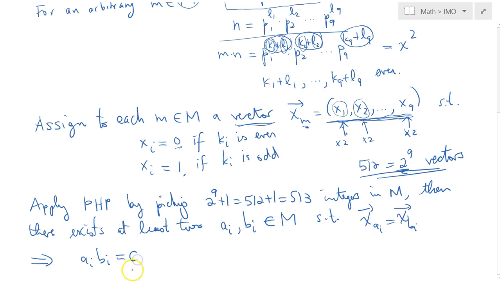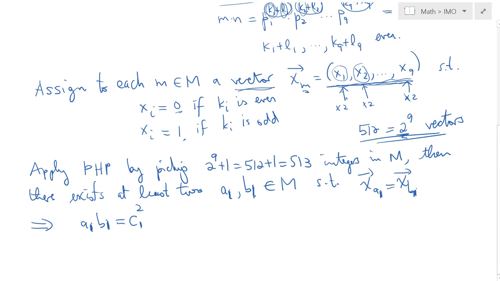Let's call them A sub 1 and B sub 1 for the time being. As a result, there exists an integer C sub 1 such that the product A sub 1 times B sub 1 is equal to C sub 1 squared, meaning that A sub 1 times B sub 1 is a perfect square.